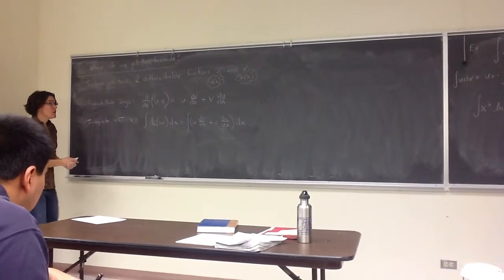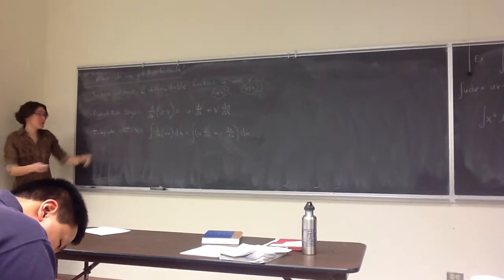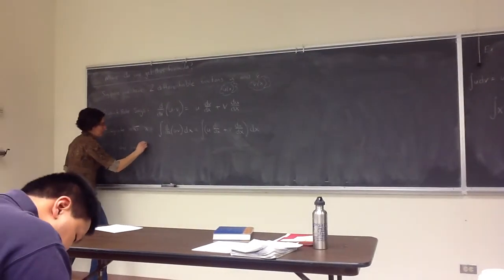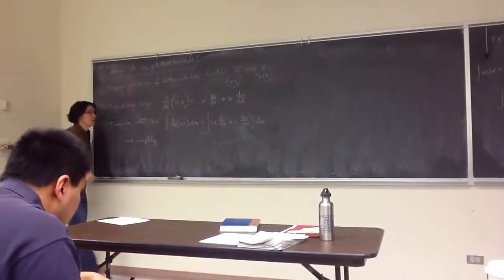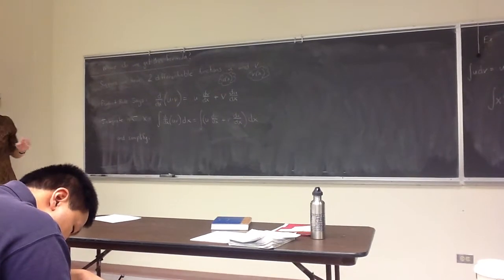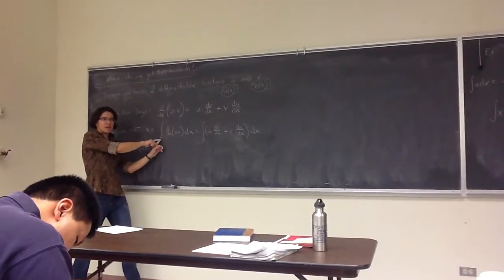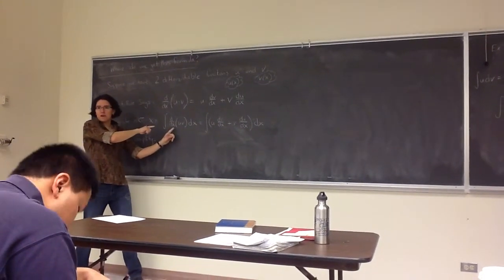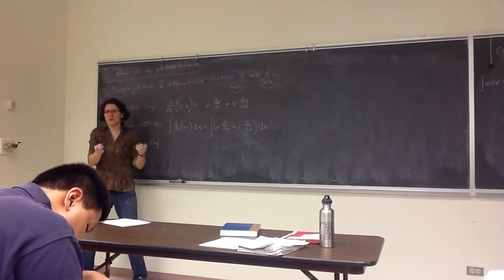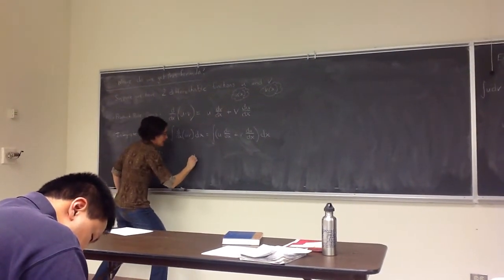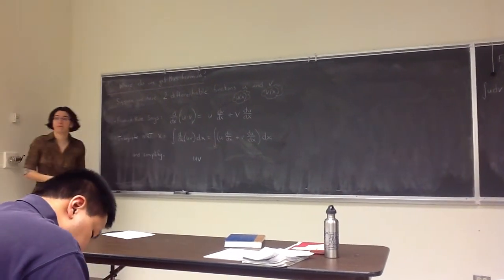Okay, so now I'm going to take this equation here and simplify. The very first thing I can do is on the left side. If I have the antiderivative of a derivative, well, they cancel each other, and what I'm left with on the left side is u times v.